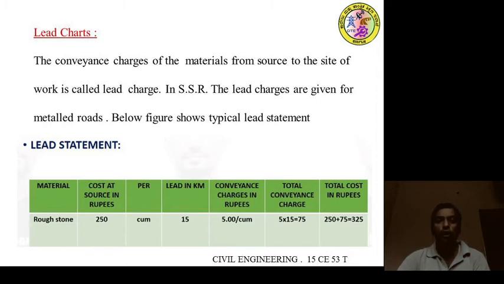Then this total conveyance charge is added to the cost at source. That is 250 rupees plus 75. The final cost will be 325, including first cost, conveyance charges, loading charges and unloading charges.